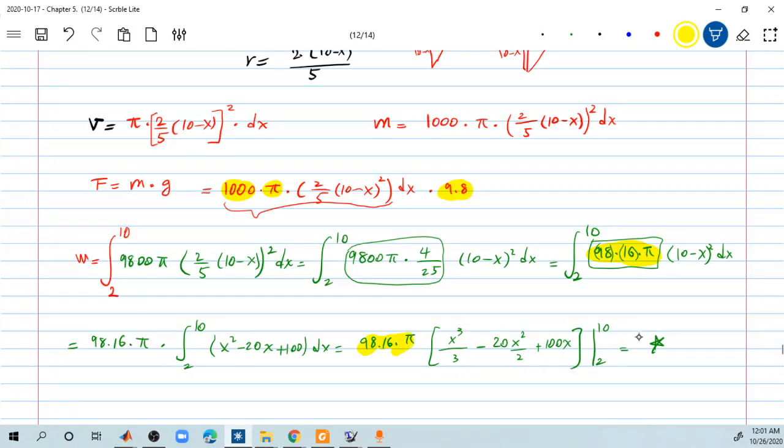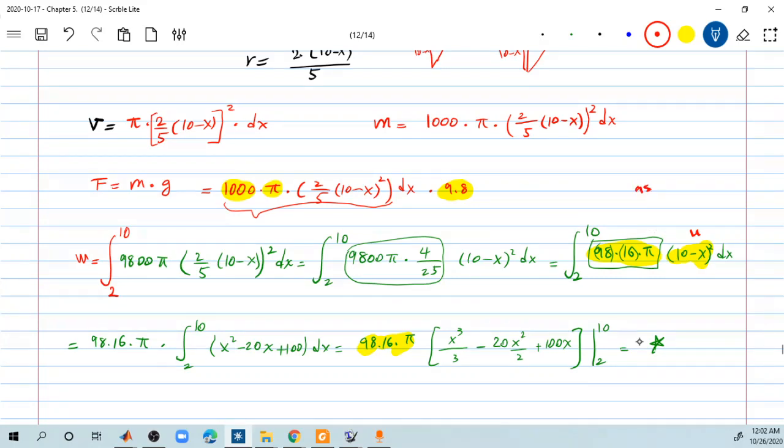Okay, there might have been a shorter way to calculate this with substitution. You wouldn't need to expand (10 minus x) squared. If you use substitution and call this u, this integral would be simpler. This constant would still be there.